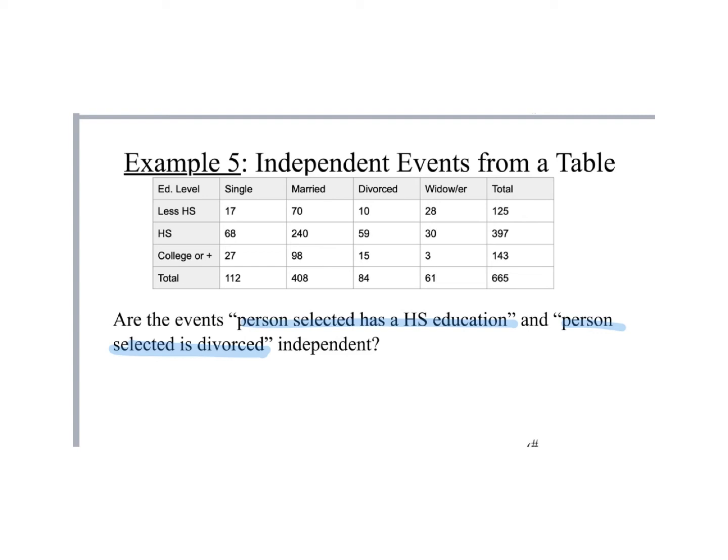I'm not sure. So this is when you're going to go to that formula to make sure. Okay, so here I wrote out the formula. Remember this formula right here is to check independence, and this one on the bottom is simply just the given that drawn out. So let's go ahead and do the left side, the given that.